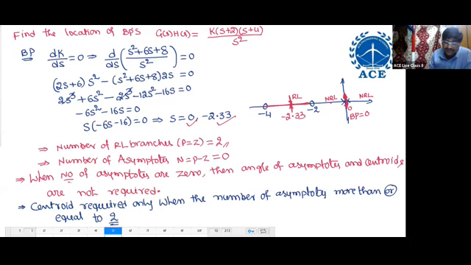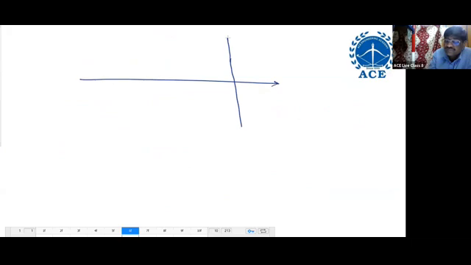Okay. Now draw the diagram, all of you. Draw the root locus diagram. Two poles at origin.